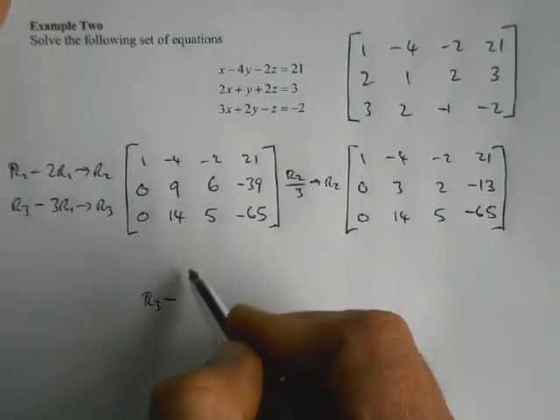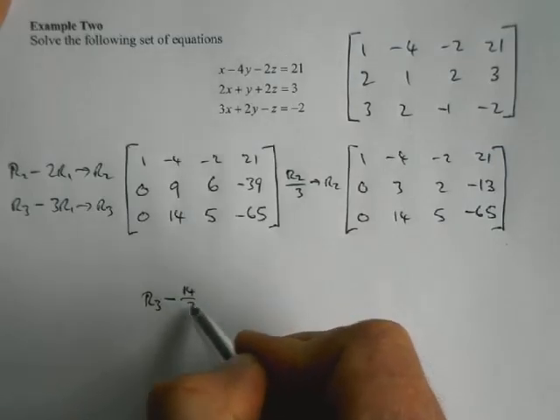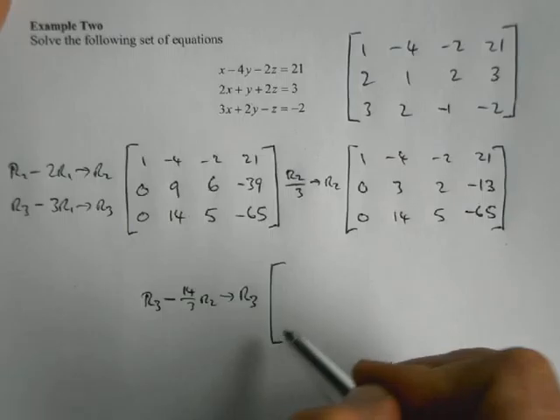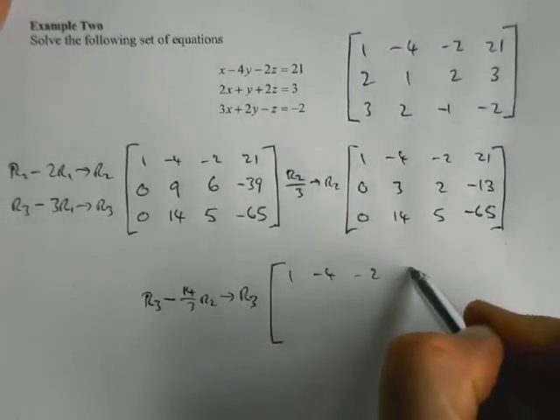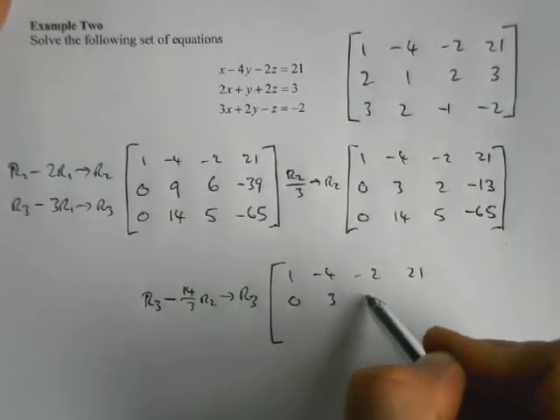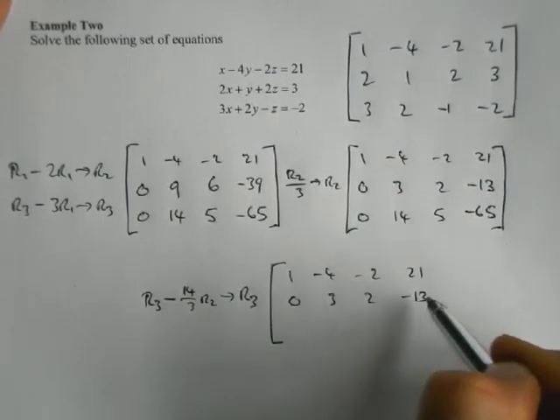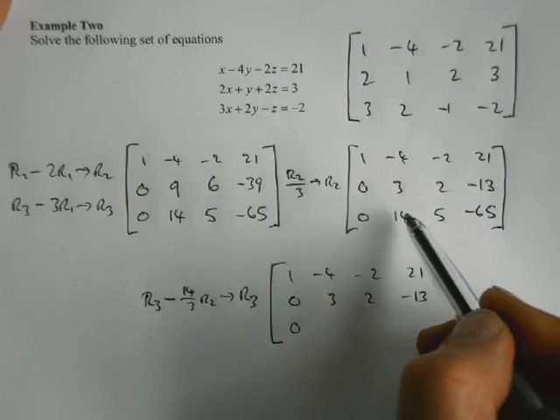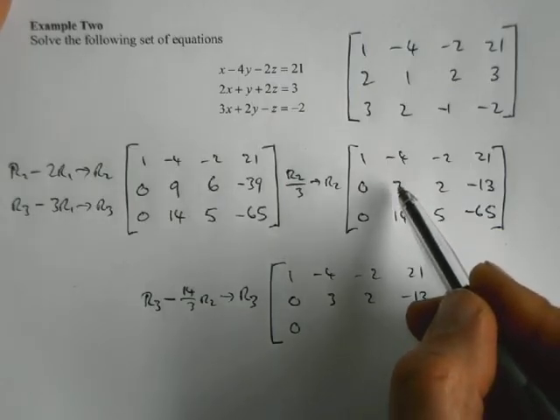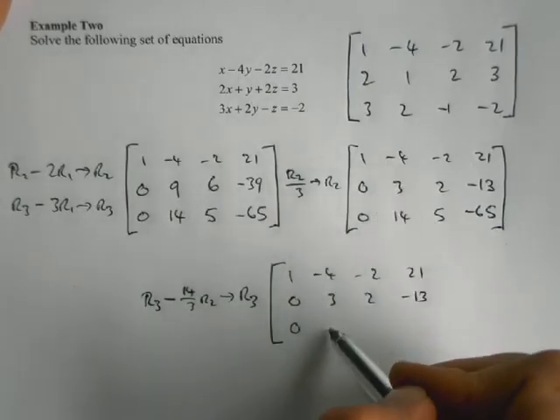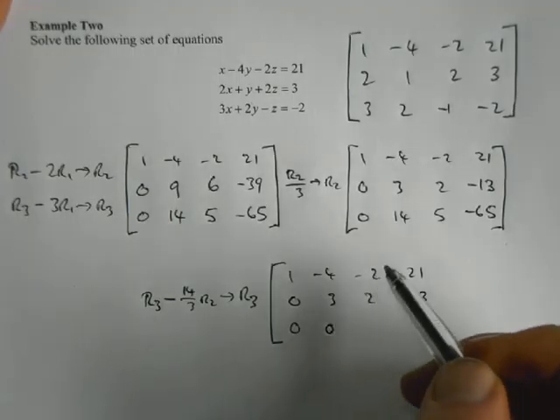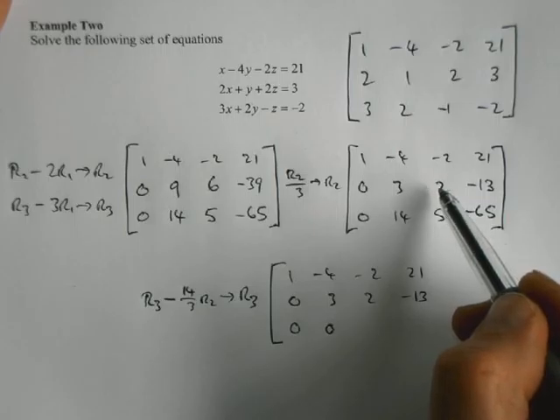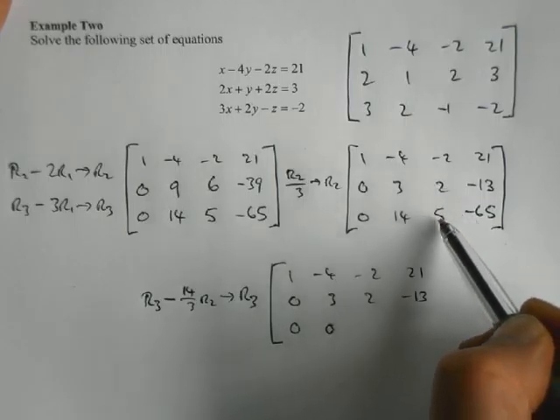So row 1 and row 2 are completely unchanged, and now I'm doing 0 take away 14 thirds of 0, 14 take away 14 thirds of 3, which comes out to be 0, and then we're going to do 5 take away 14 thirds of 2, 28 thirds. 5 is 15 thirds, so 15 thirds take away 28 thirds is negative 13 thirds.